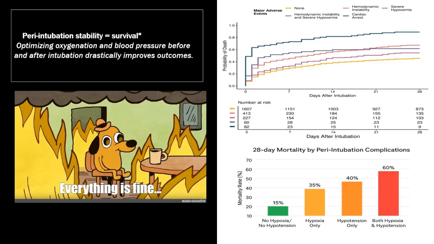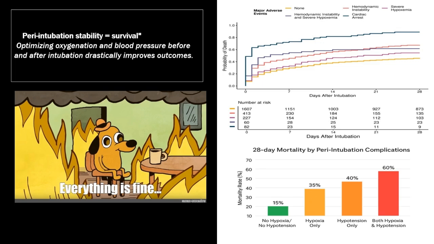Patients that had a hypoxic and hypotensive episode within 5 minutes of intubation had a 60% chance of dying within the next 28 days while at the hospital. So we go from a 15% chance to basically a coin flip by not being able to control their O2 saturation and their blood pressure during intubations.